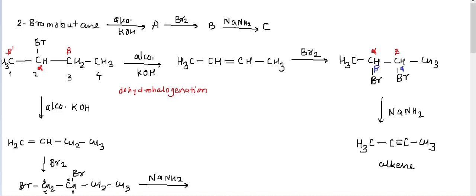So remove hydrogen and halogen, and we will end up with HC. We are going to remove all the hydrogens and all the bromines from this carbon. So carbon and carbon now have a triple bond, then CH2 and CH3. So we have got this product. So this was the solution for the first problem.